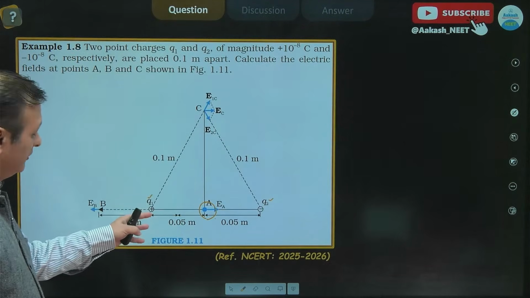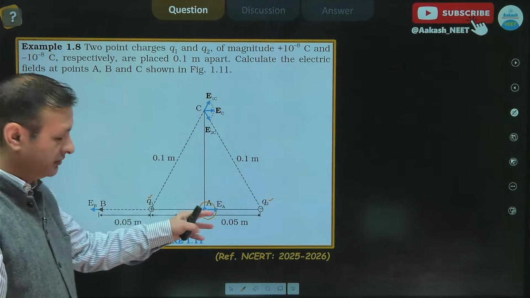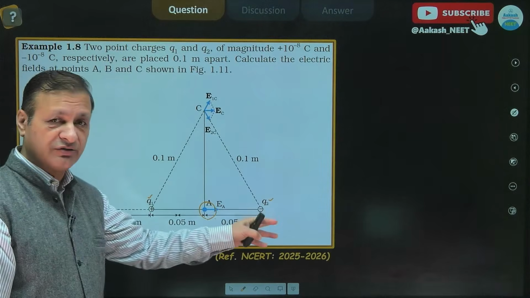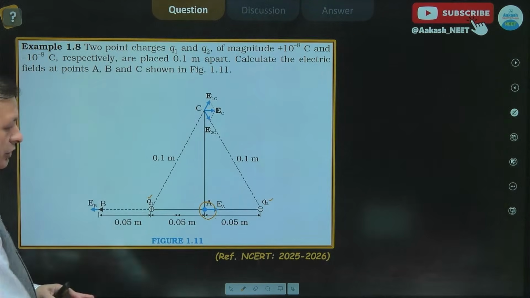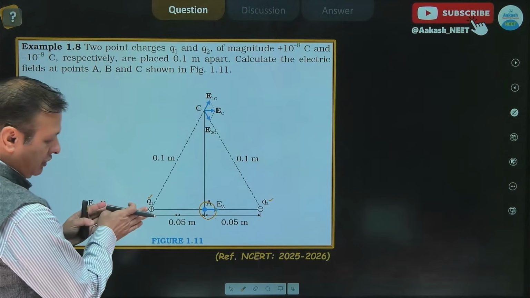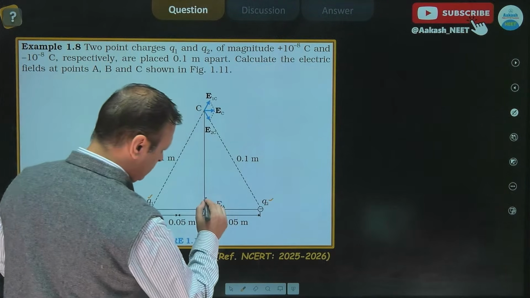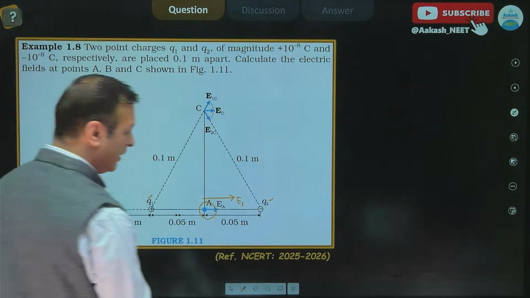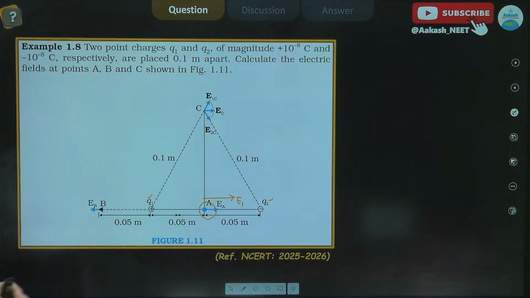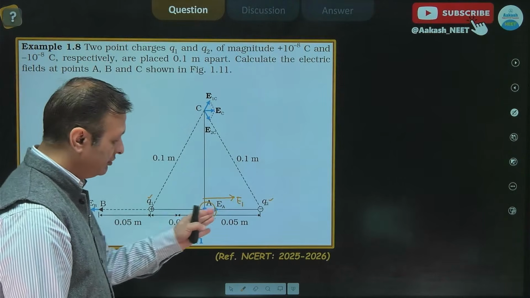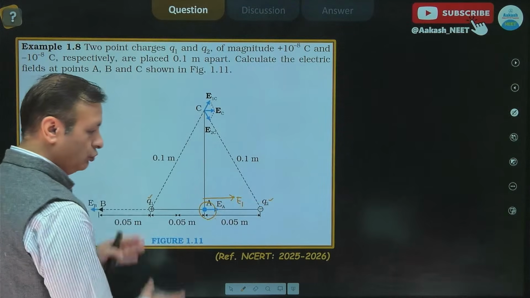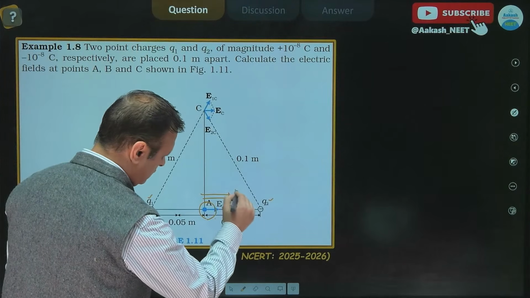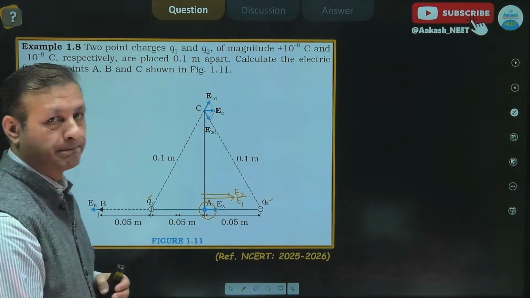Now, if you look at the figure, this configuration involves two charges. One is positive in nature and the other charge is of negative nature. So, electric field at point A due to charge Q1 is radially outward. So, this is E1. And at the same point due to negative charge Q2, that would be towards the negative charge, radially inward, and this is E2.